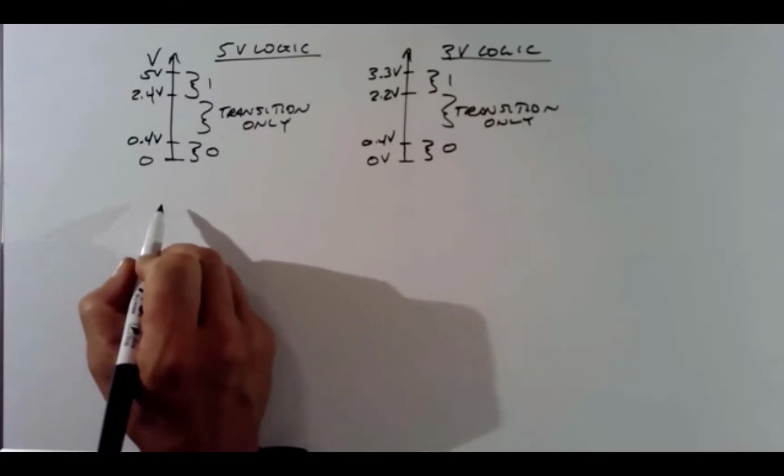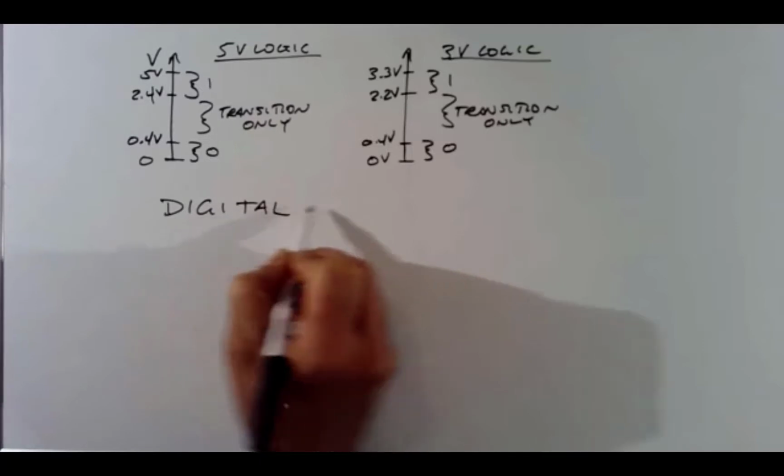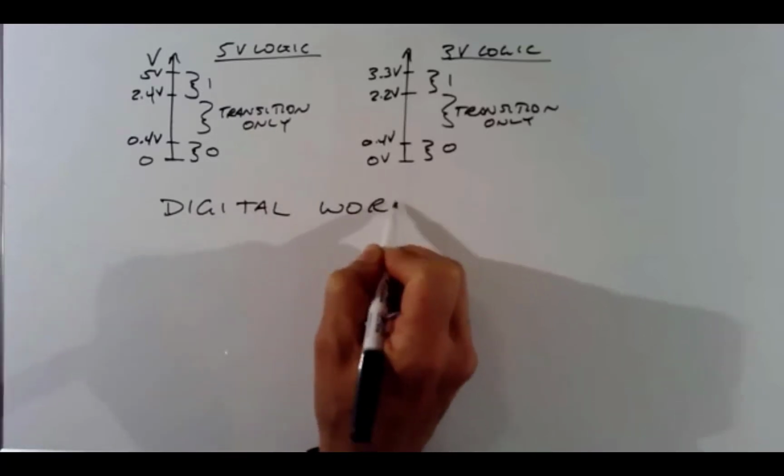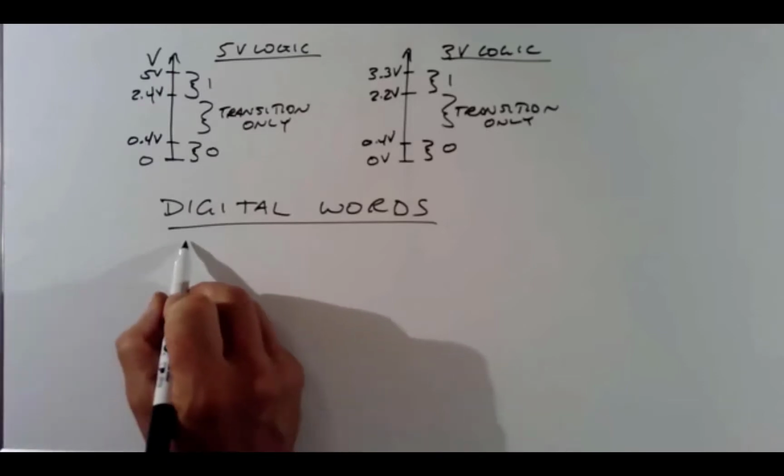digital words. So a digital word consists of bits. I've been using this word bit.